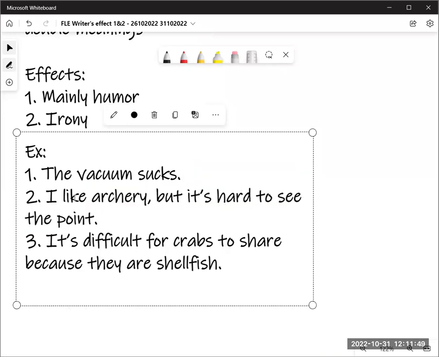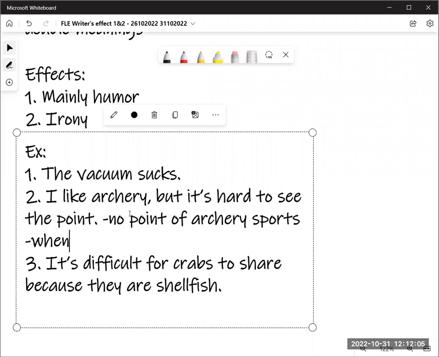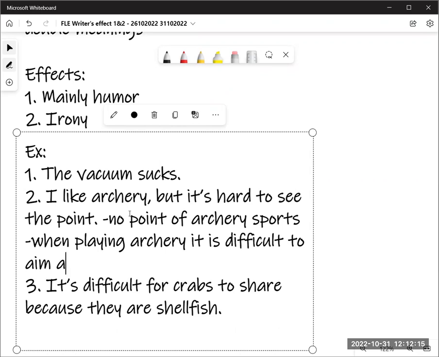Now for this one, I like archery, but it's hard to see the point, right? So what is the point? Let's say no point of archery sports, right? Another thing is when playing archery, it is difficult to aim at the bullseye, something like this.